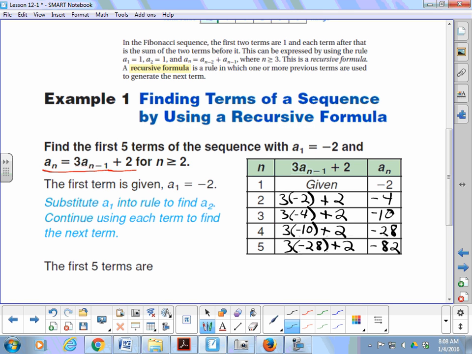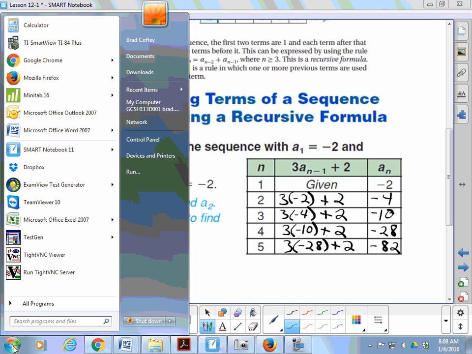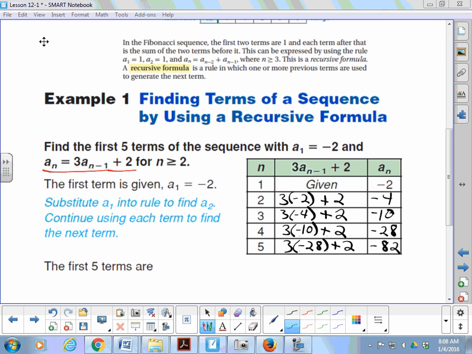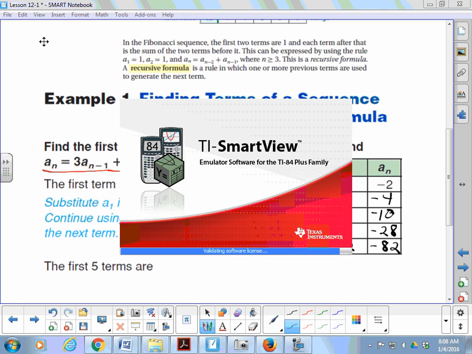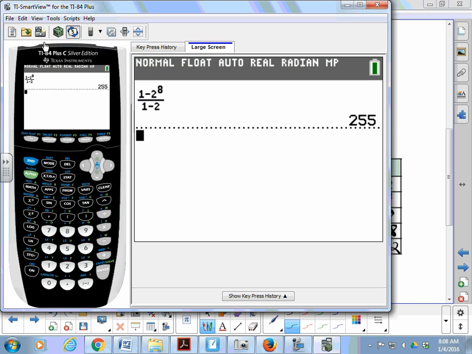And this is actually the process of using your calculator to do this also. We can use the last answer feature on our calculator. So if you take your calculator, I'll show you how to do that. So with our calculator, we can put in negative 2.